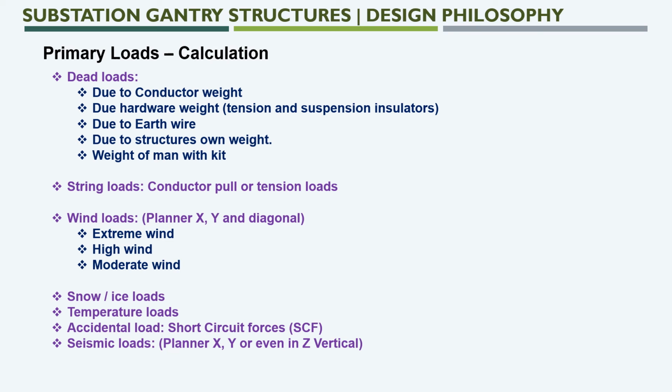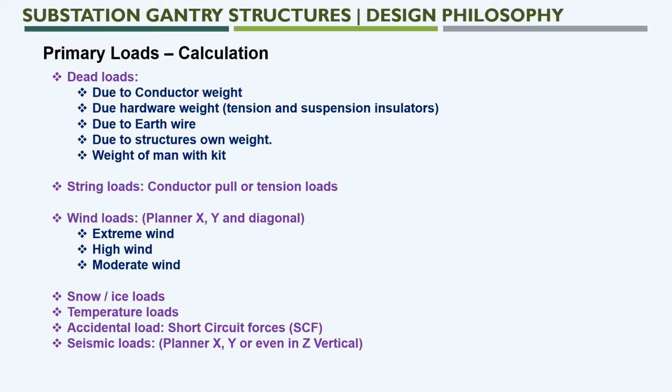Generally, if the substation tower is going to connect to the transmission line tower, this short circuit force can be ignored because the conductor spacing or face to face distance is higher than in the substation towers. So we can avoid this accidental load if the substation tower is connecting to the transmission line tower, or even in the transmission line tower design we can ignore this short circuit force, which may not happen there.